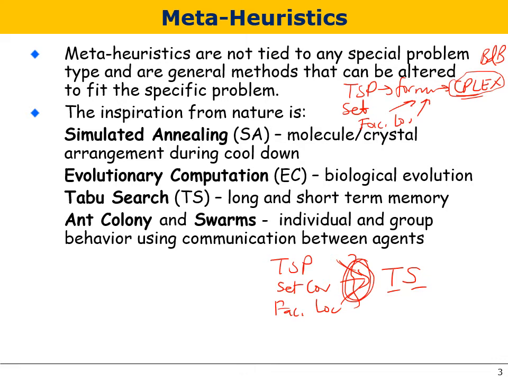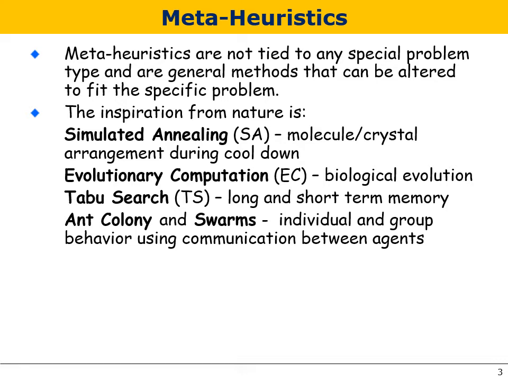Usually, these algorithms are inspired from nature. Let's see some examples. The simulated annealing algorithm we will see in more detail. It's inspired from the molecule crystal arrangement during the cool down process, so it comes from the annealing process of metals.